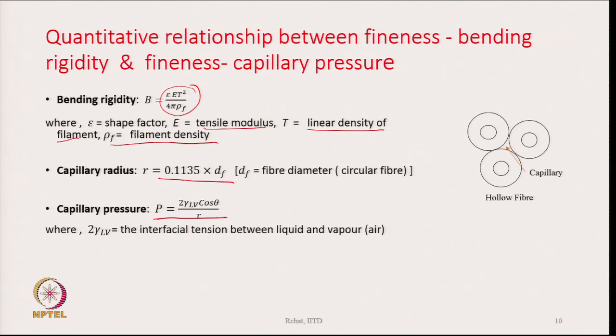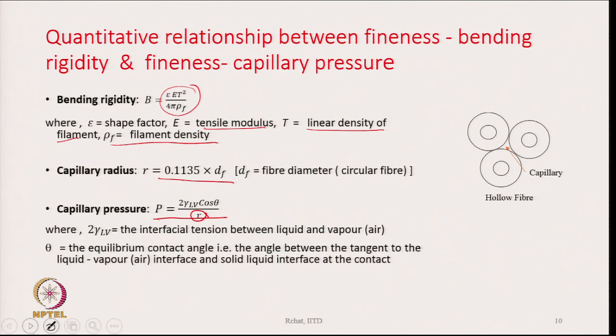So, for capillary pressure, we see the value of R is in the denominator. That means that if R increases, the pressure is going to be less. Capillary pressure will indicate how quickly the liquid is going to be absorbed by the capillaries which are formed within a bunch of fibers.